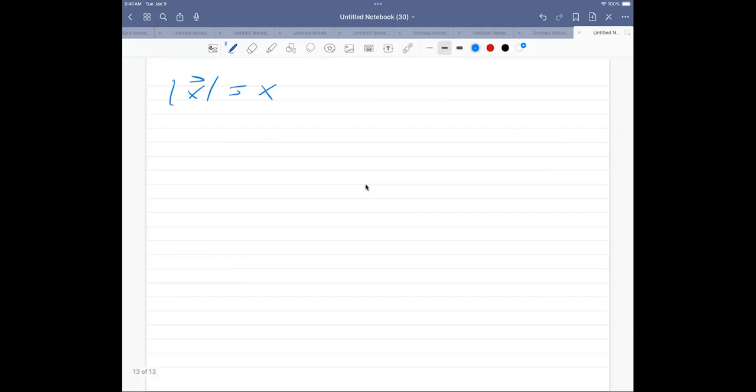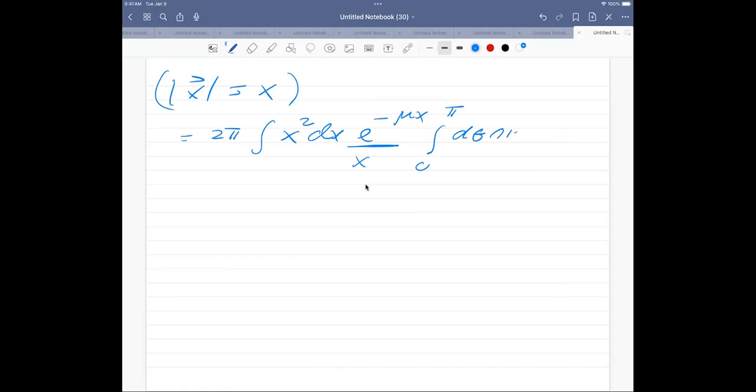So I can rewrite this integral with 2π, then x squared dx e^{−μx} divided by x, and then an integral from 0 to π of dθ sin θ multiplied with e^{i(k'−k)x cos θ}.